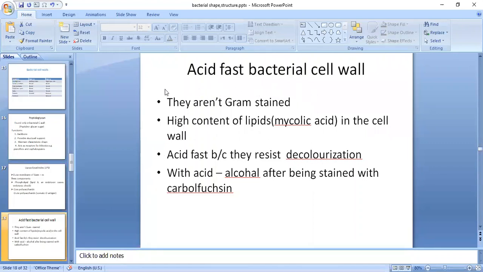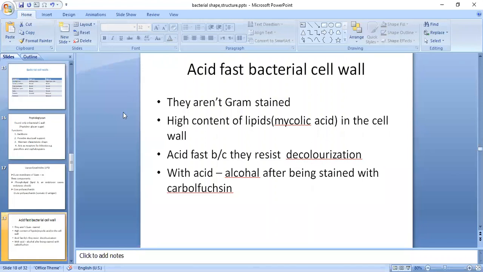So the bacteria which have the cell wall are usually the gram-positive bacteria and gram-negative bacteria, but some bacteria do not have the cell wall typical of these.